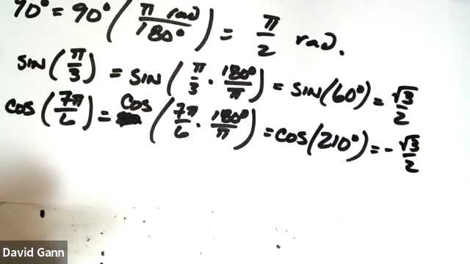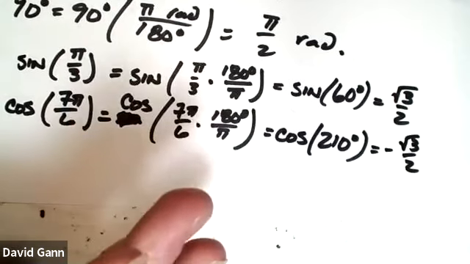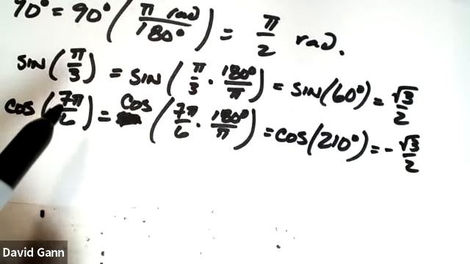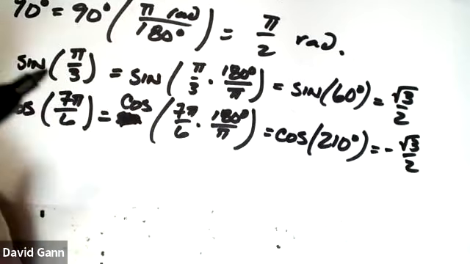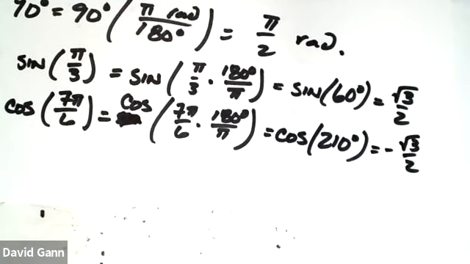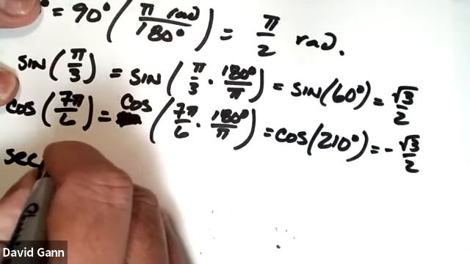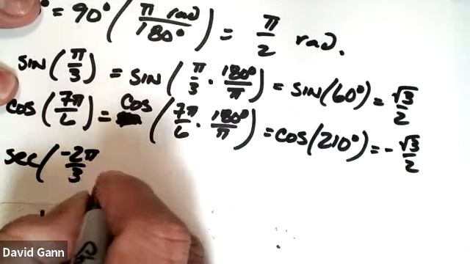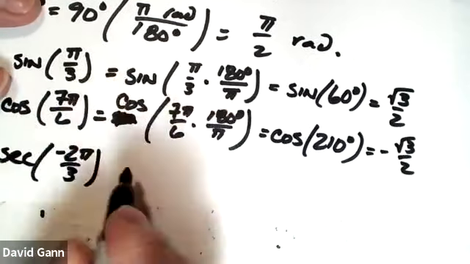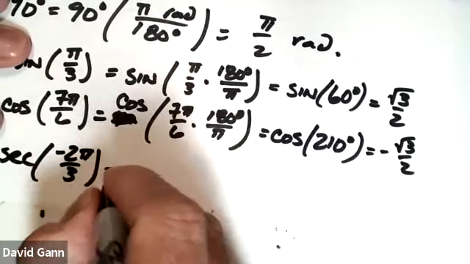And let's try another one. We don't need to go into this too much because this is basically the same stuff you've done before. It's just now we're using a different argument. So let's take the secant of negative 2 pi over 3. First off, we'll make the conversion.